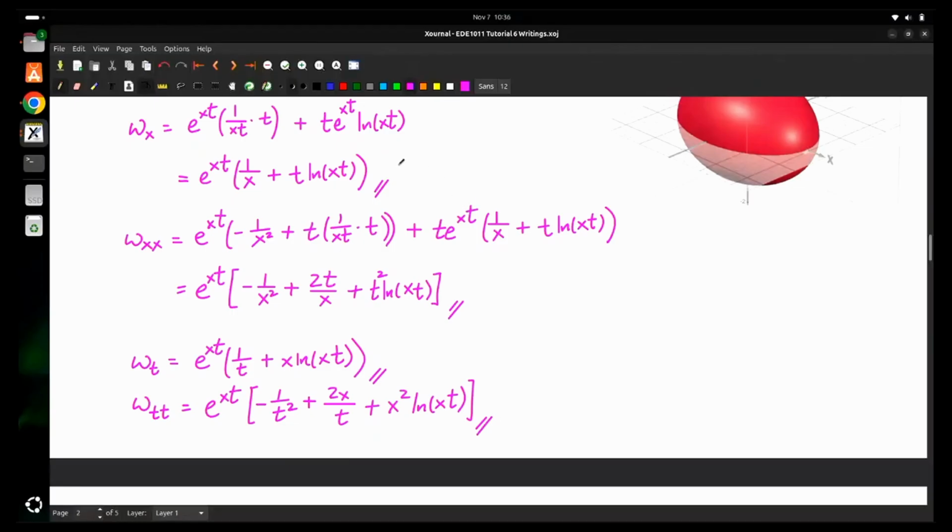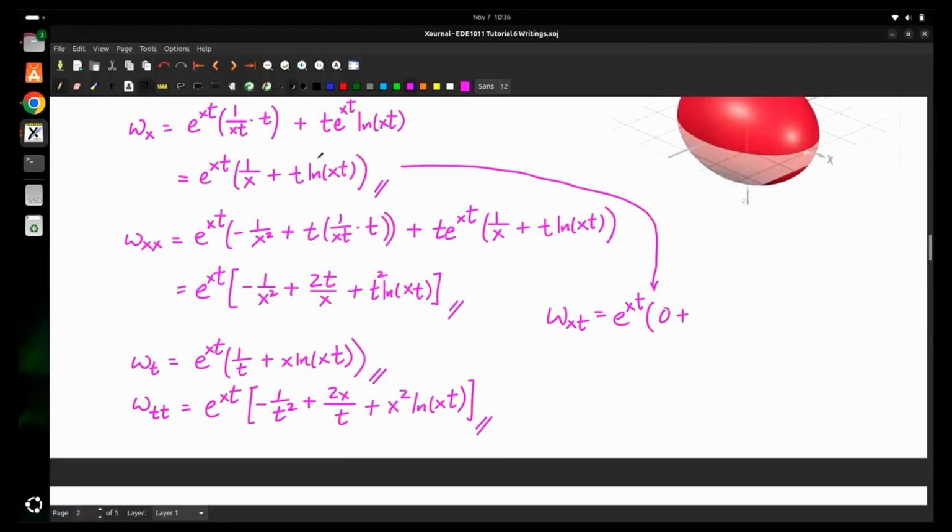Okay, so for mixed partials, maybe you can get it from w sub x. So now you get w sub xt, your mixed partials. Mixed partials means you differentiate w sub x with respect to t. So therefore, you will need to use your product rule. So e to the xt, then this bracket, the first term is actually a function of x, so it's like a constant. So you differentiate 1 over x with respect to t, get 0. So maybe let me write 0 plus.